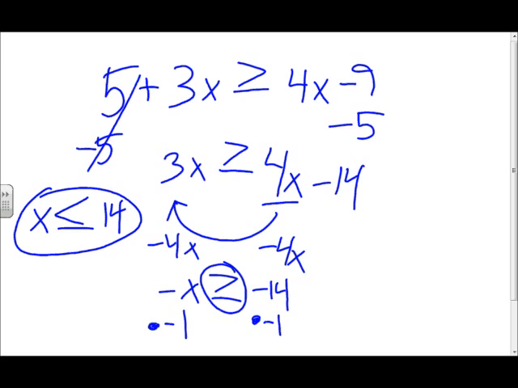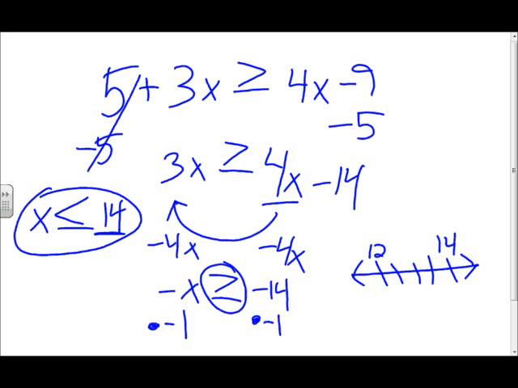And then to graph it, if you look over here, it's really simple actually. All you have to do, you take the constant and you put it on the graph. And since x is always less than or equal to 14, what you would do is put 14 on the graph, and then all these little lines will just say this is like 12.